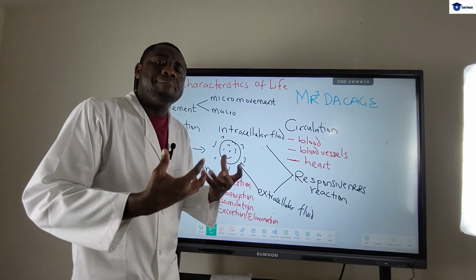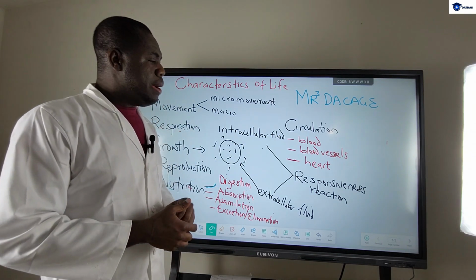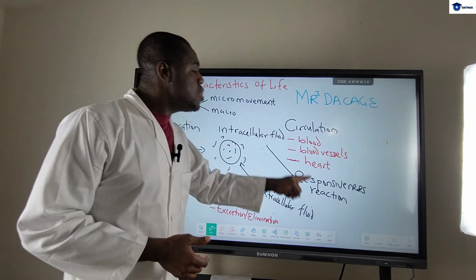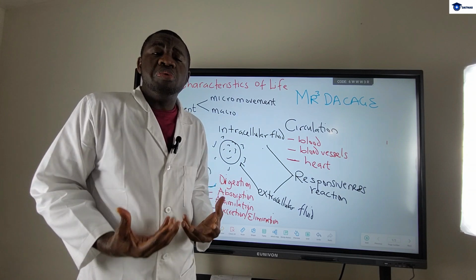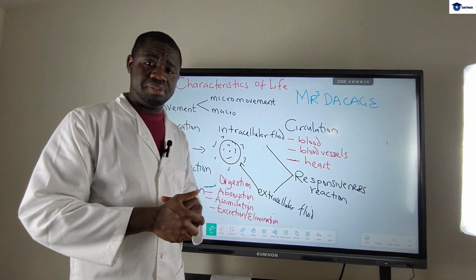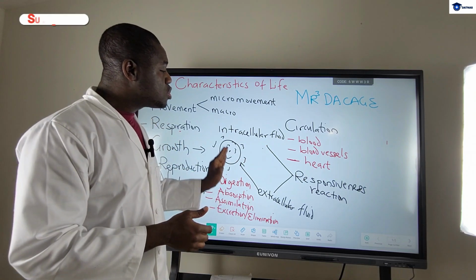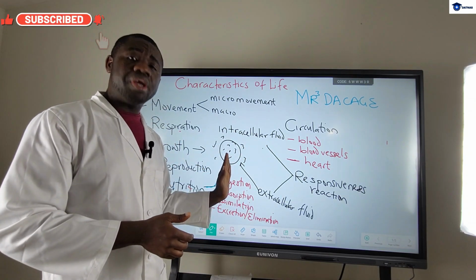This is a micro response. But when we talk about macro responsiveness, we are talking about how we as humans respond to the external environment. We've talked about the reactions to the internal environment.